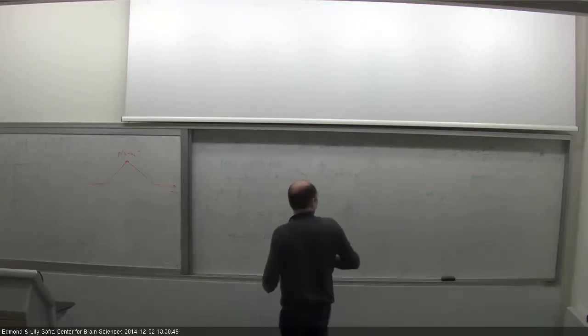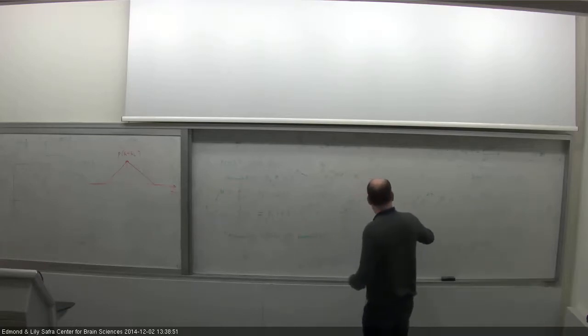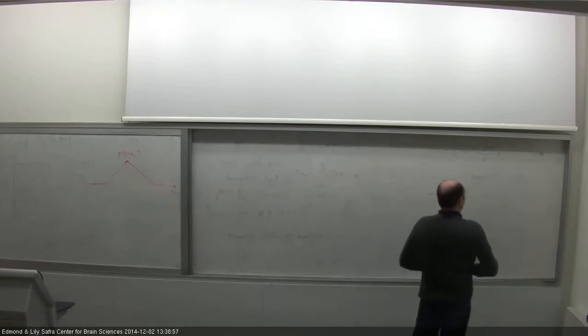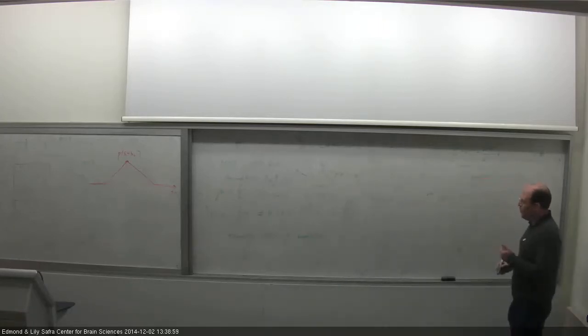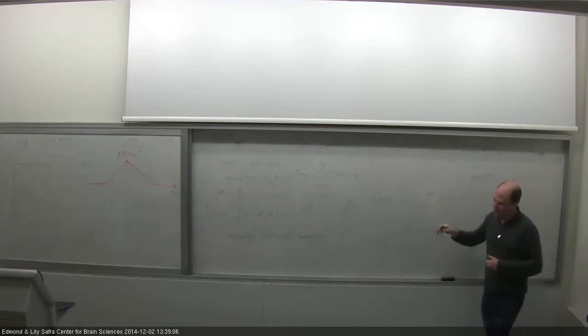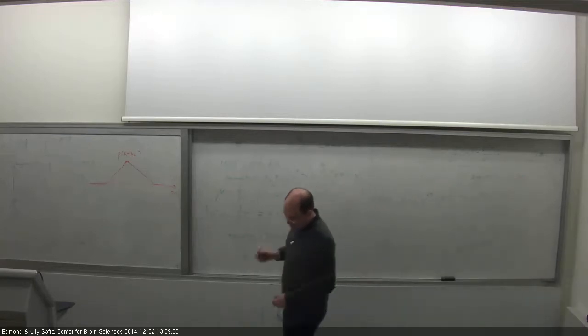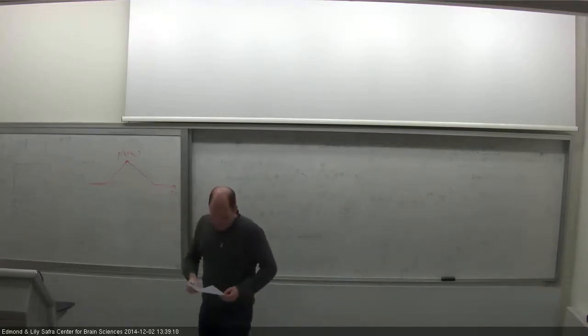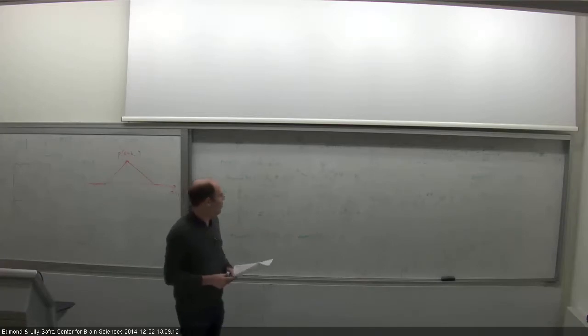Okay? So f of t, the generating function of the moments, can be written as an average of e to the xt. You're beginning to wonder why I am telling you all this, but you will see soon.